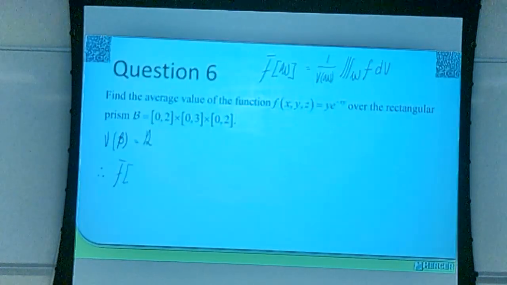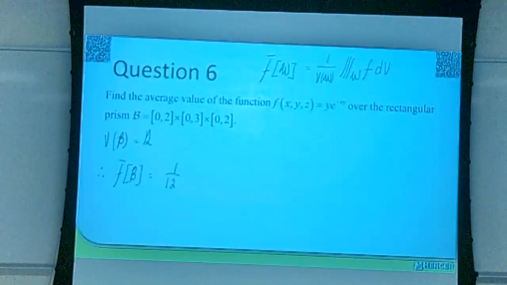Average value then, 1/12 times the integral over the box. Well, because this is a box, setting it up is easy. What order did I use?